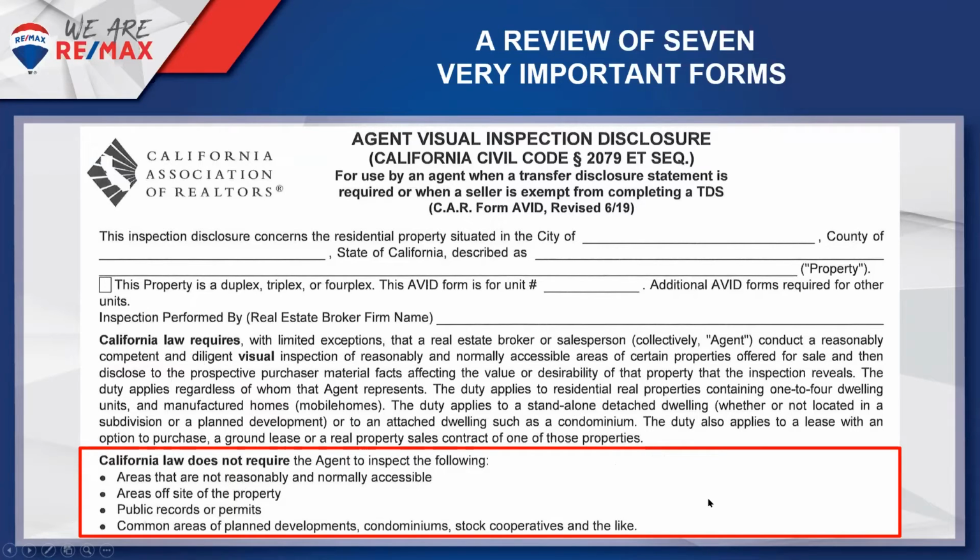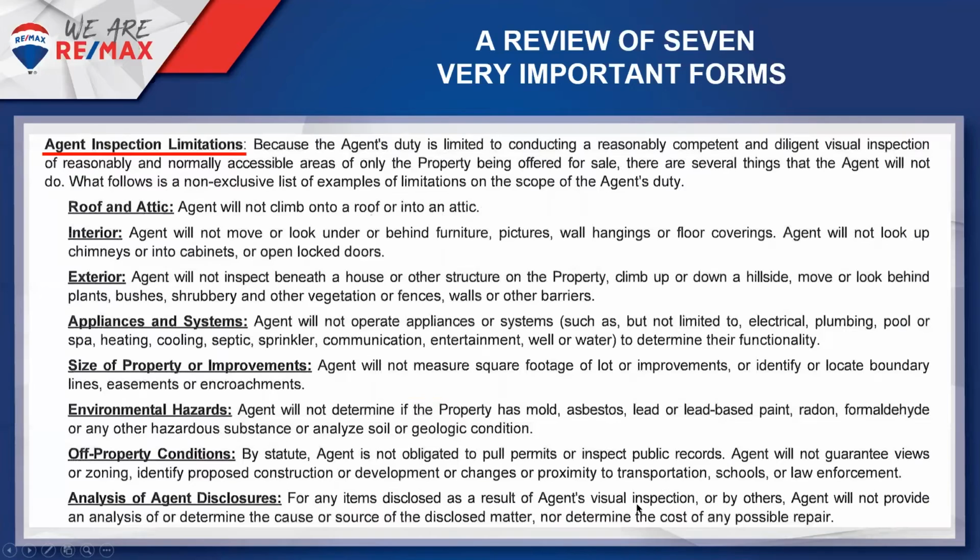If you are aware of an adverse problem, then you do need to disclose it, but you do not have to make an investigation. But on an AVID, you do investigate the property, but it's a visual. You walk around, you look at it, but you do not have to investigate the common area. But if you happen to know for a fact that there's a problem in the common area, you would have to disclose that. Hope that's sort of clear.